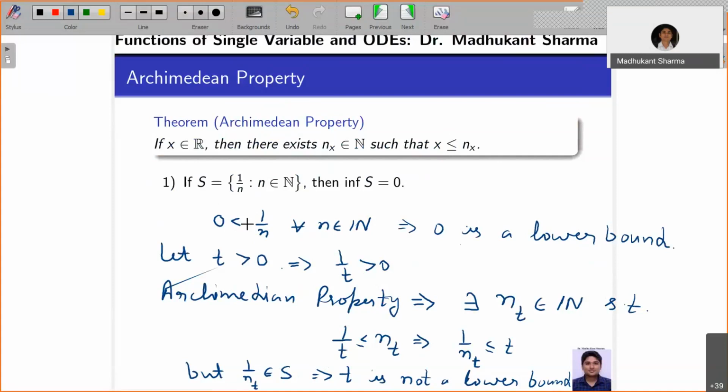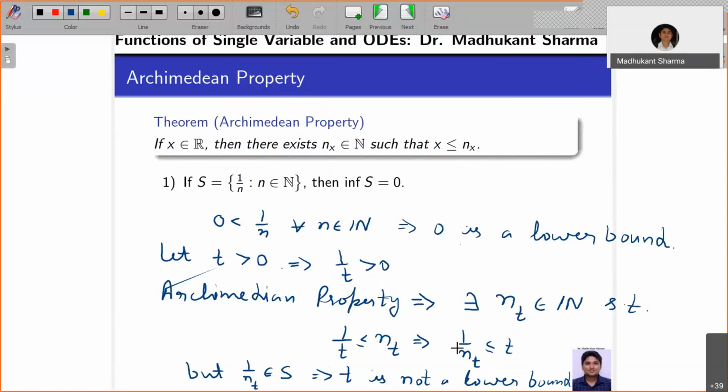Sir, can we say that t is an upper bound? No, because this is a fixed nt. You will be able to find an nt. It's not saying that for every n in N. The Archimedean property gives you an n and t; that's a there-exists, not all.